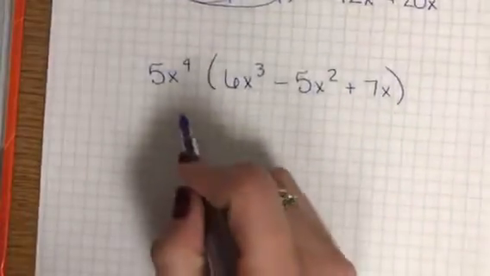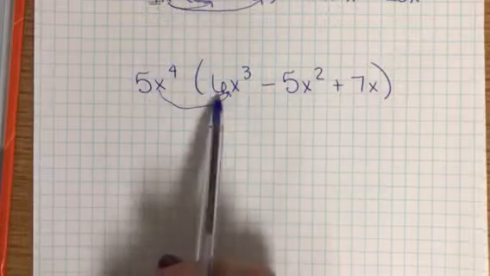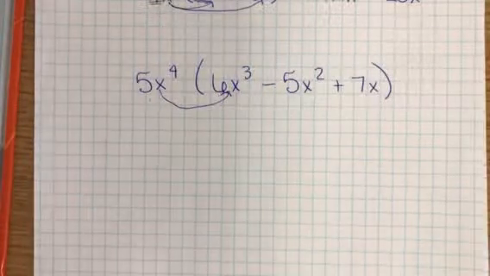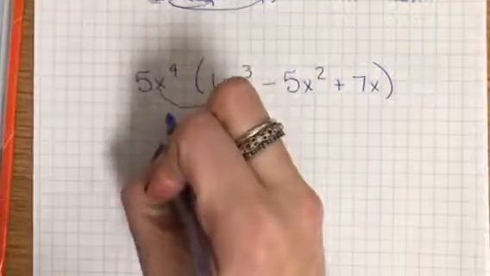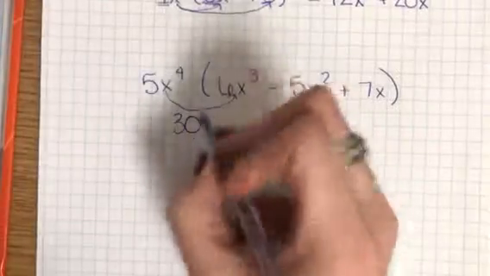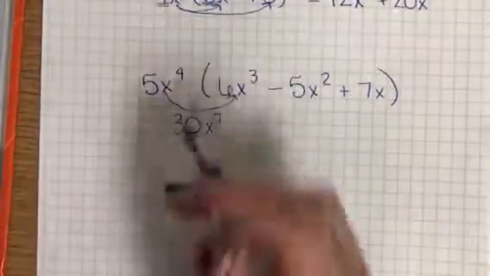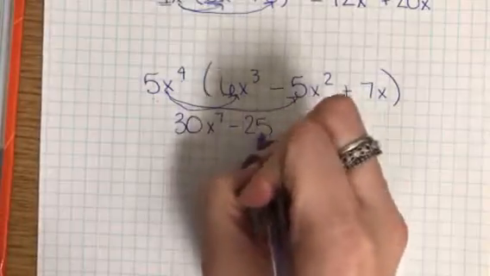okay, we're still just going to distribute, knowing that each time we distribute, we will multiply the coefficients and we will add the exponents. So 5 times 6 is 30. We'll add the exponents, so 4 plus 3 is 7. 5 times negative 5 is a negative 25.